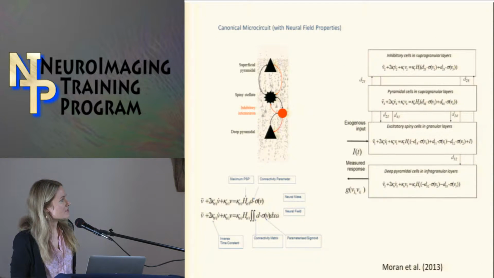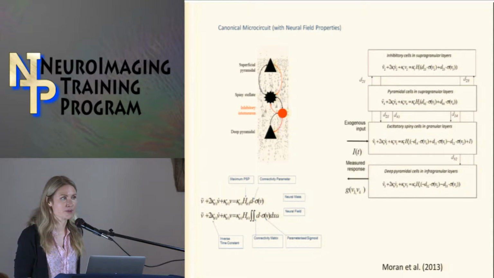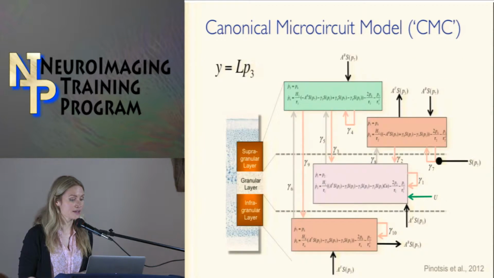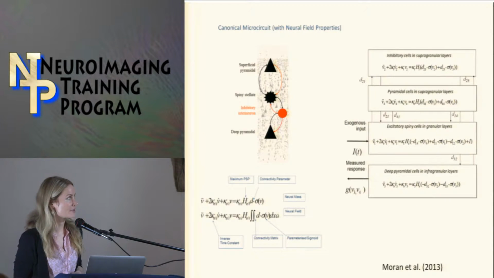This is just another formulation of the canonical microcircuit model. What you'll see here is from a review paper by Rosalind Moran, where we have those same cell types and the same equations, but in this case they're formulated as second order differential equations.